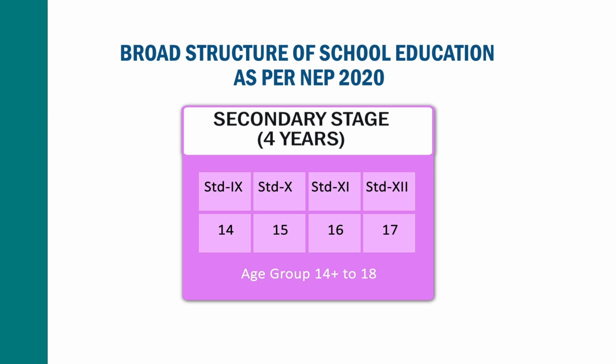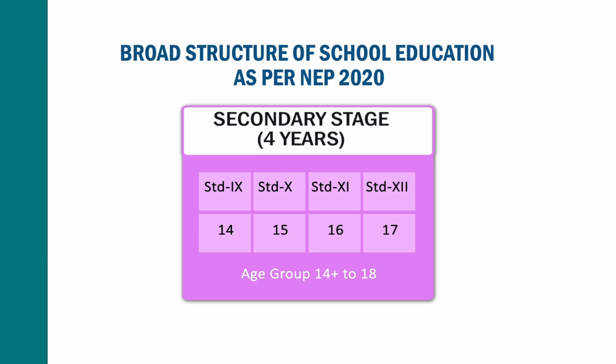So for class 9th, the age appropriation will be 14 plus, and till 18 they will continue. And one exit option is there: after completion of 2 years of secondary education, that means after completion of standard 10th, the students will get an opportunity to exit for joining different vocational education also.